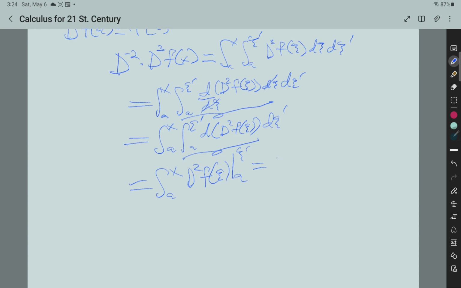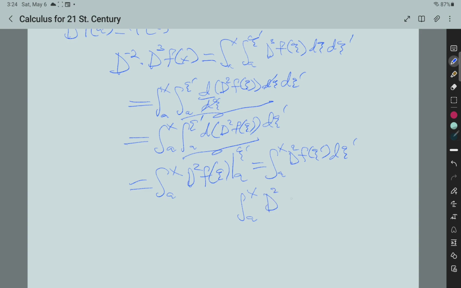So this will be the integral of a to the x d squared f of c prime dc prime, and then minus the other one, which is going to be a to the x d squared f of a.